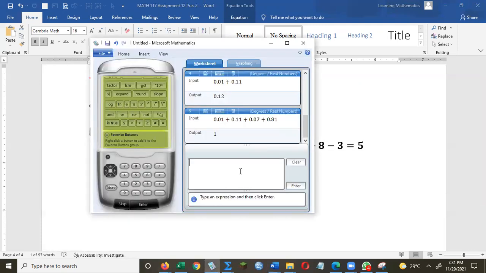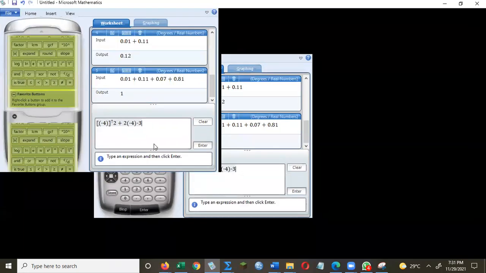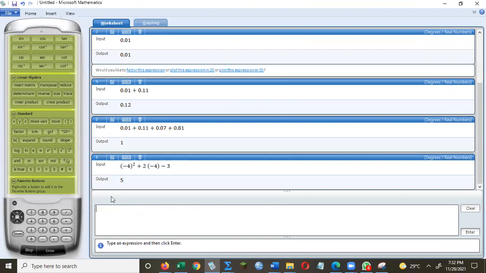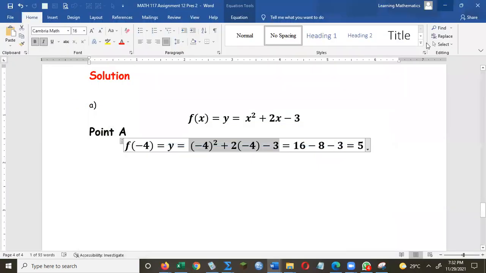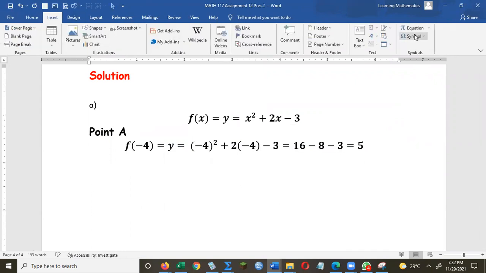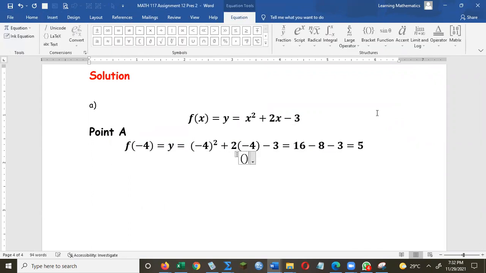You can put everything in your calculator one time, and that should give you 5 as f of negative 4. So point A is actually negative 4, 5.